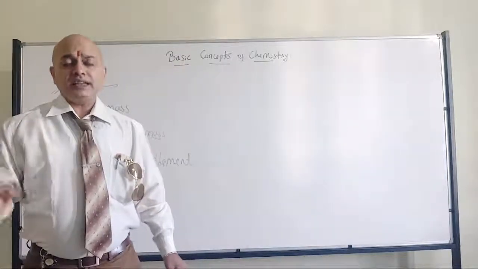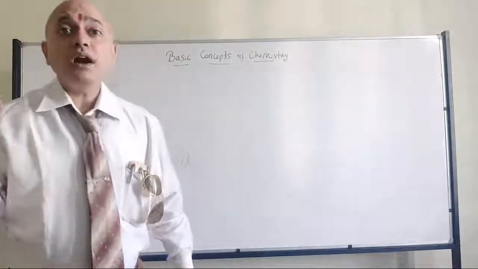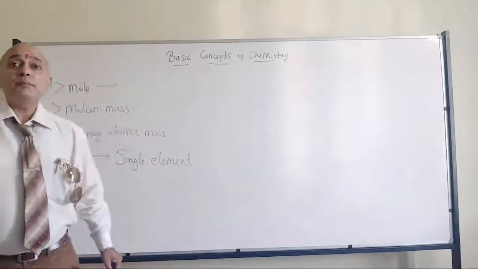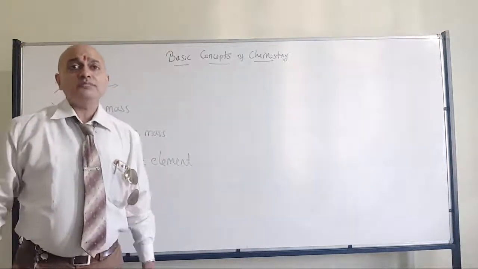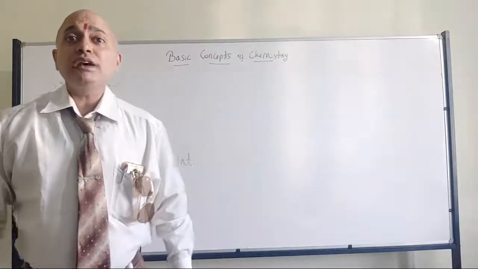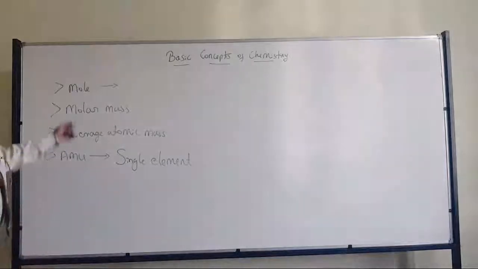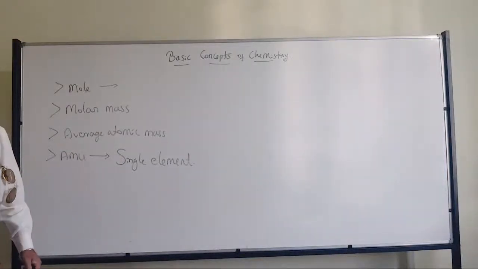That can be anything. So mole is the number of substance or elements which will be equal to the number of carbon 12 atoms which are present in 12 gram of carbon 12 atom. Right? So that's where we have the mole.